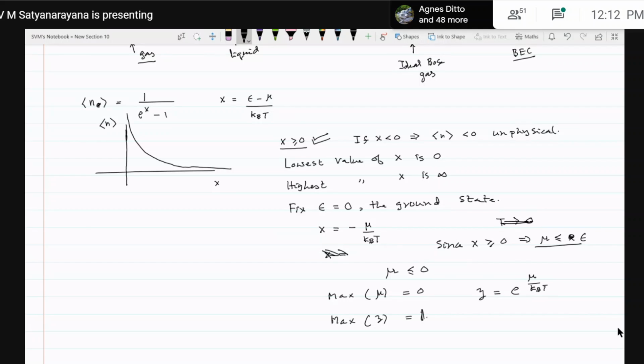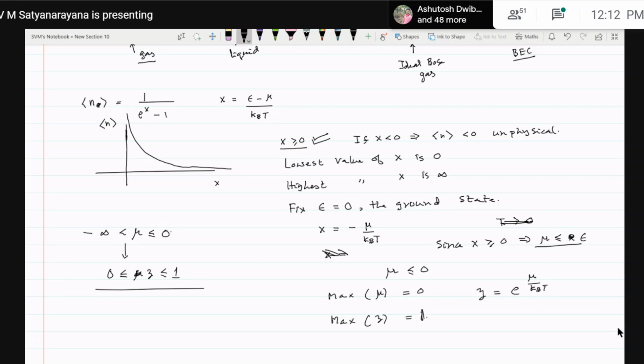So it is like minus infinity is less than mu is less than or equal to 0. This directly gets converted to 0 less than or equal to z less than or equal to 1.